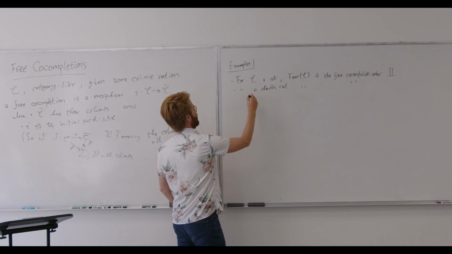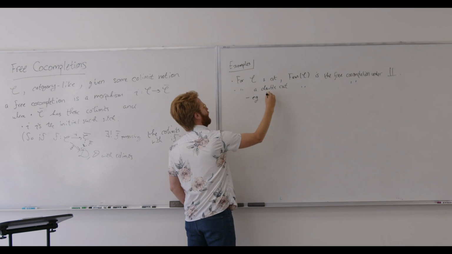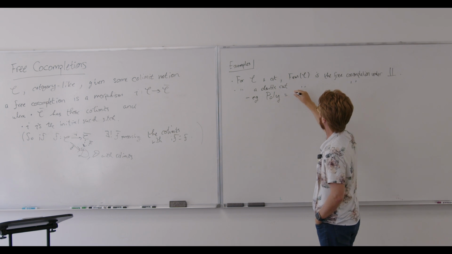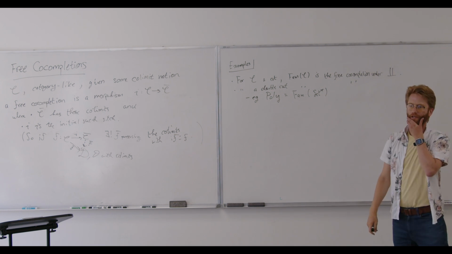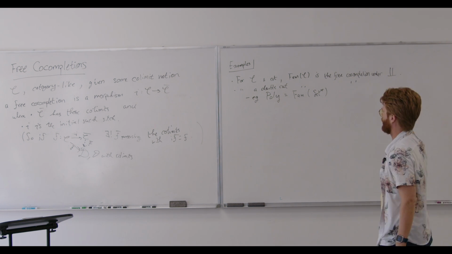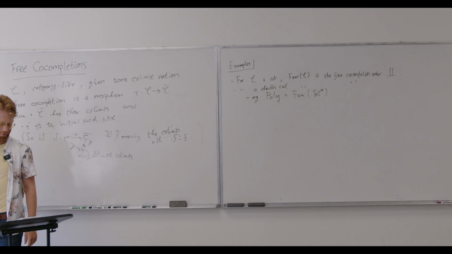So a sub-example that many of us know and love: Poly is the free cocompletion of the opposite of the category of sets under coproducts. And a lot of its marvelous properties, as far as how easy it is to compute things in Poly, have to do with how nice colimits that happen to be free are.